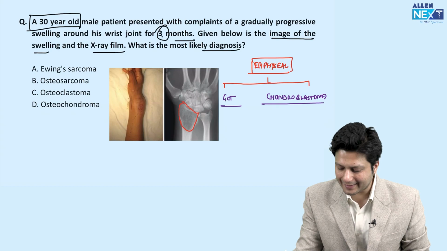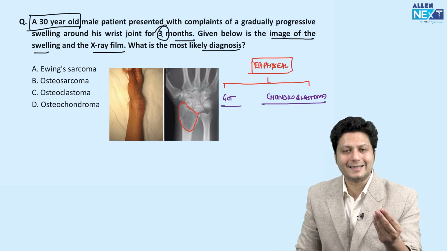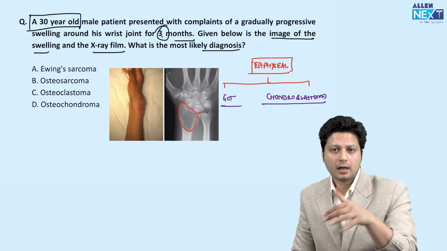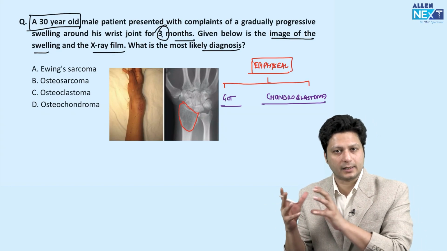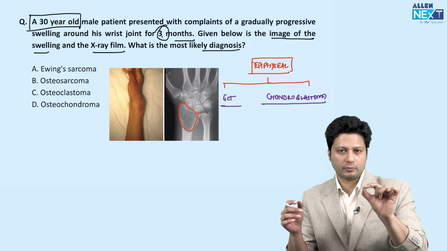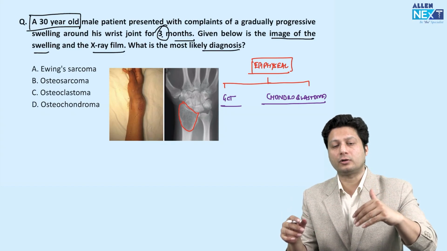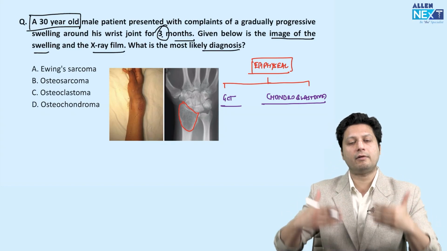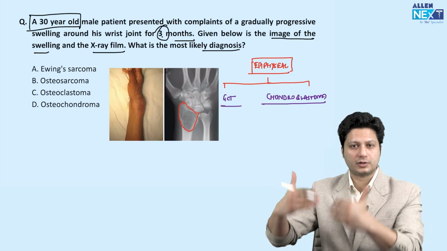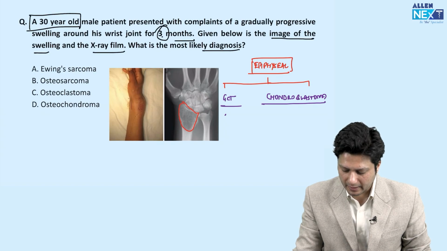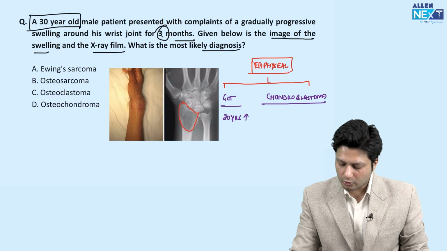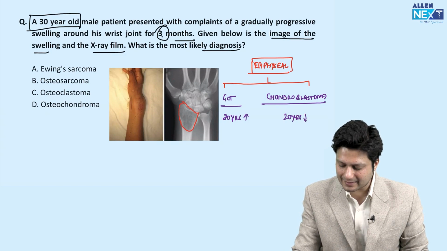If you go with the X-ray appearances, GCT appears like a soap bubble, while chondroblastoma could be an irregularly calcified kind of lytic lesion in the bone. Now, for both these findings, based on the theoretical appearance, you would never achieve the diagnosis. But GCT is the tumor which appears after 20 years of age, that means more than 20 years of age, while chondroblastoma is a tumor which appears in less than 20 years of age.